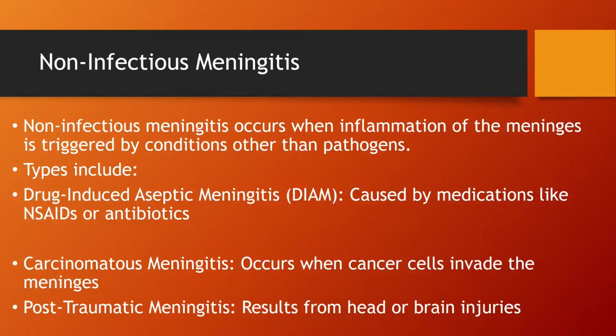So for the non-infectious meningitis, it occurs when inflammation of the meninges is triggered by conditions other than the pathogens that I mentioned, meaning when you have meningitis-type symptoms that don't involve the parasitic, the fungal, the viral, or the bacterial infection.